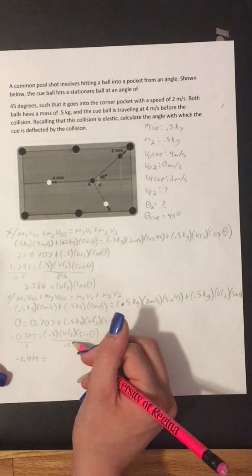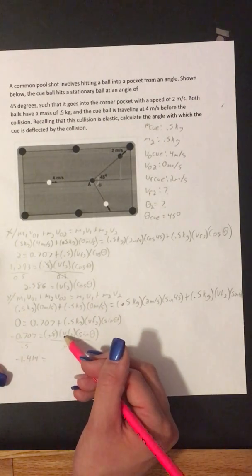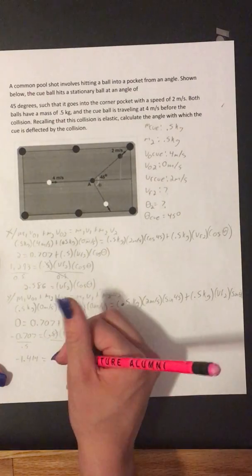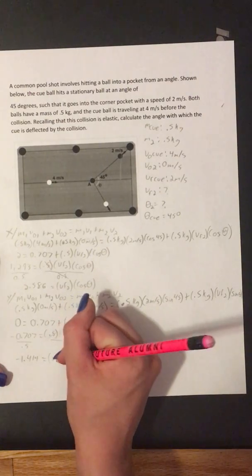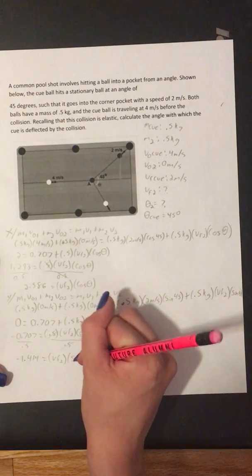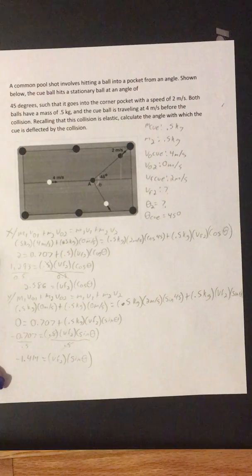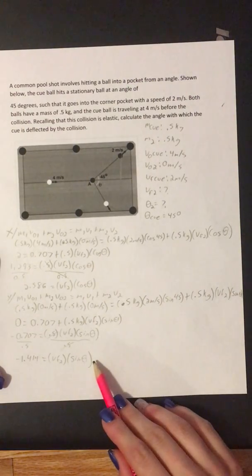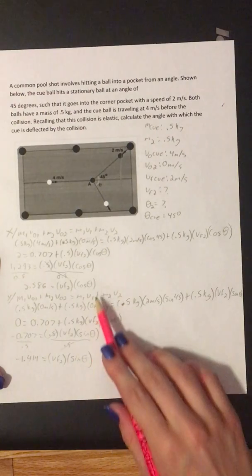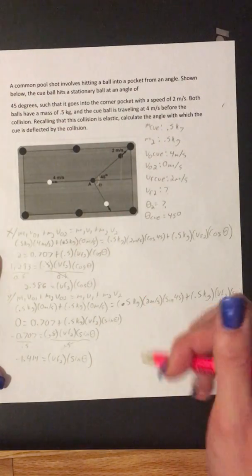And then on this other side, these two are just canceled out, and we are left with the velocity final of the second ball times sin theta. Okay. So now all we have left to do, since we have some values here, is to again find out what this theta is.